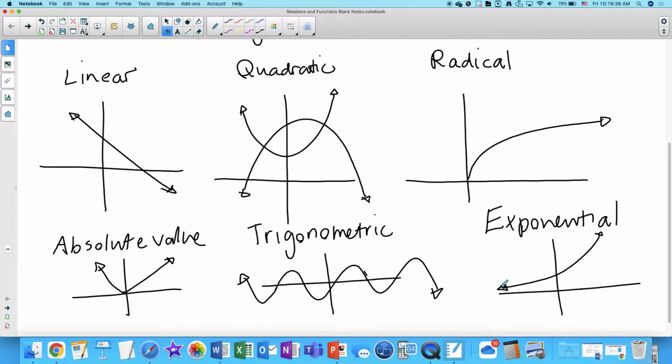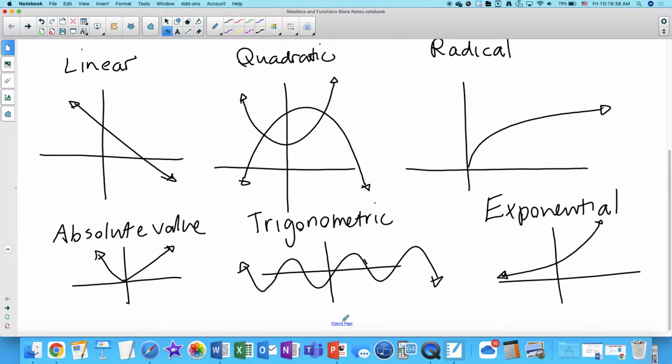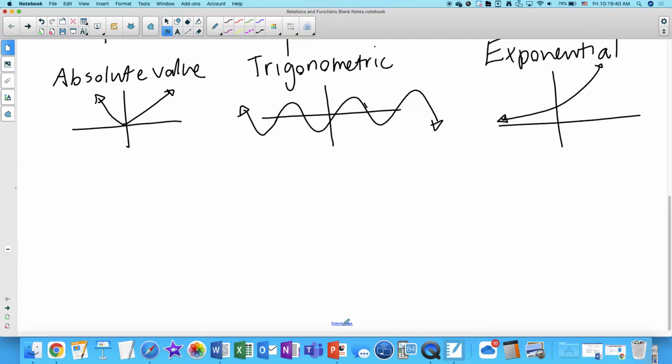Okay, you will look at rational relations, rational meaning that it's like a fraction. So something like y equals 1 over x, where the relation itself is a fraction and there's a variable in the denominator. That looks like this.